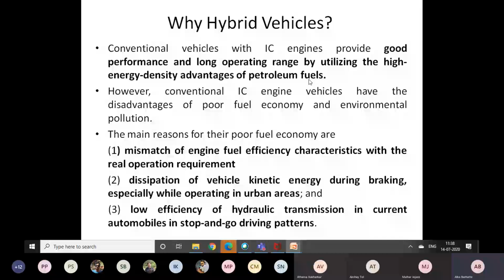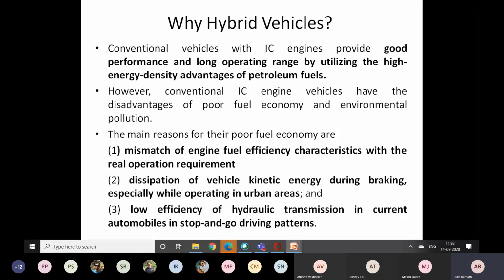The hybrid vehicle provides good performance and long operating range by utilizing the high energy density advantage of petroleum fuels. Basically, if we compare only battery operated vehicles and only fuel operated vehicles, the advantage of fuel operated vehicles is that they are good for long distance drives, giving us good efficiency and operating range.